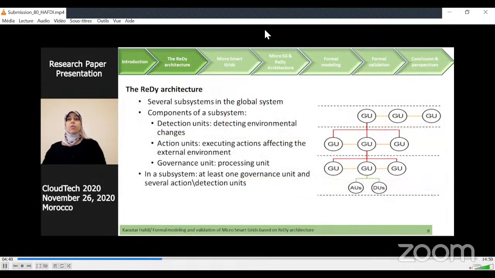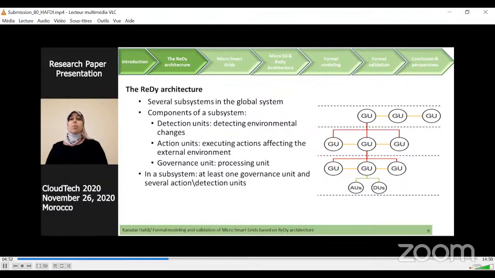In the Ready Architecture, we consider that the global system is composed of several subsystems. Each subsystem is composed of several components, and there are three types of components. We have detection units, which are components responsible of detecting environmental changes. We have action units, which are components responsible of executing actions affecting the external environment.